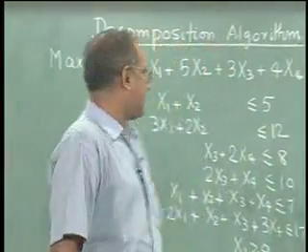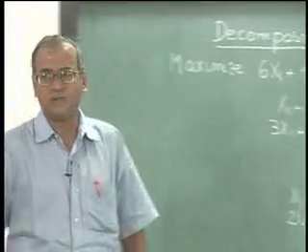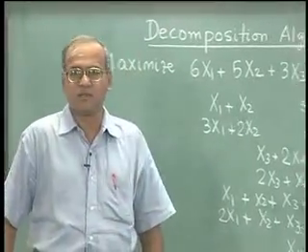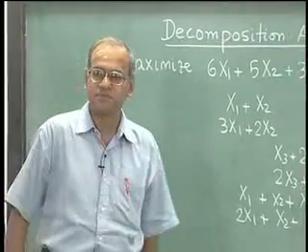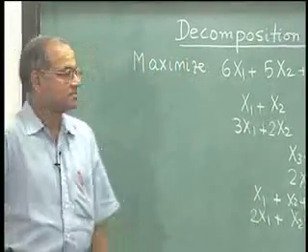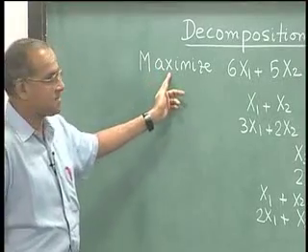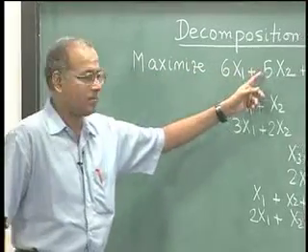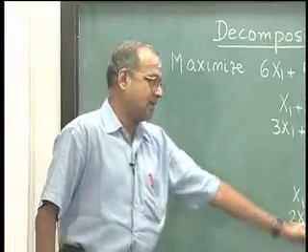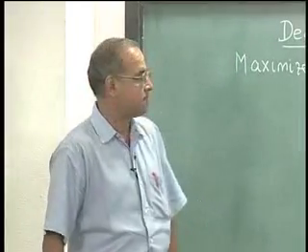Today we consider the decomposition algorithm, and we explain it using this example. Now this problem is a linear programming problem. It is a maximization objective with 4 variables and 6 constraints and all xj greater than or equal to 0.